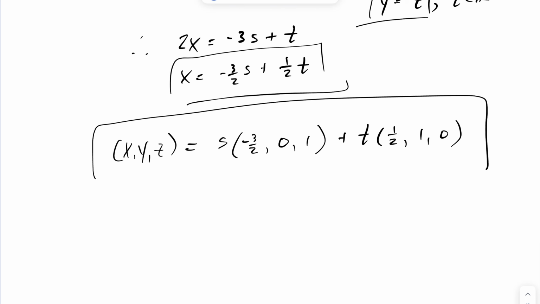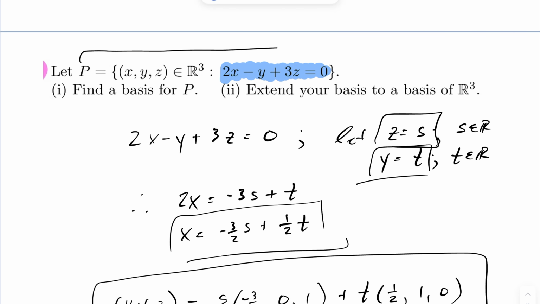So we can see here a solution to this set P.